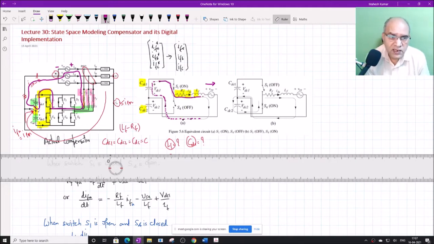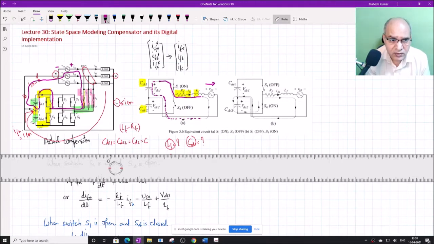This complete path takes place when S1 is closed and S4 is open. As you know, the realization of the actual current is done by switching. So S1 and S4 in the leg A are switched in such a way that these track the current IFA star.